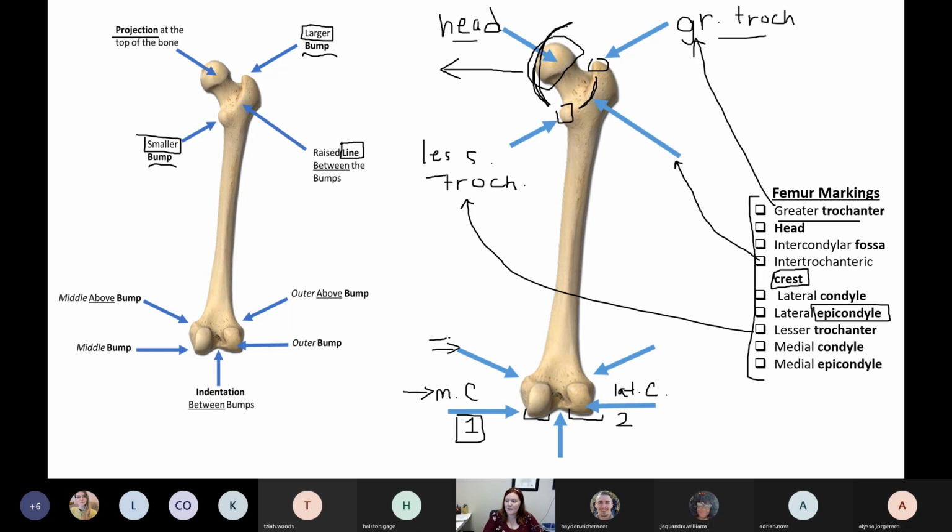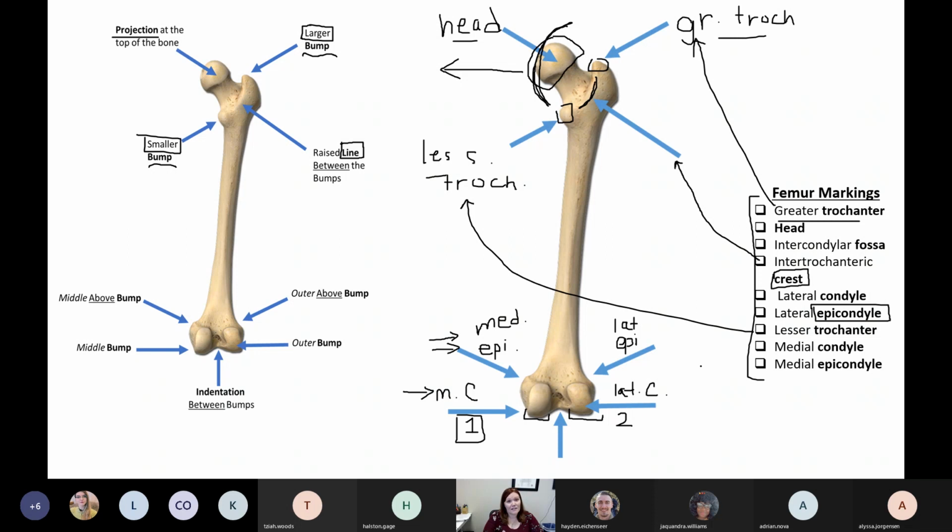We know it's an epicondyle. We got to pick the side. Yeah, exactly. Several of us chiming in. This would be the medial epicondyle, which would make this one the lateral epicondyle.